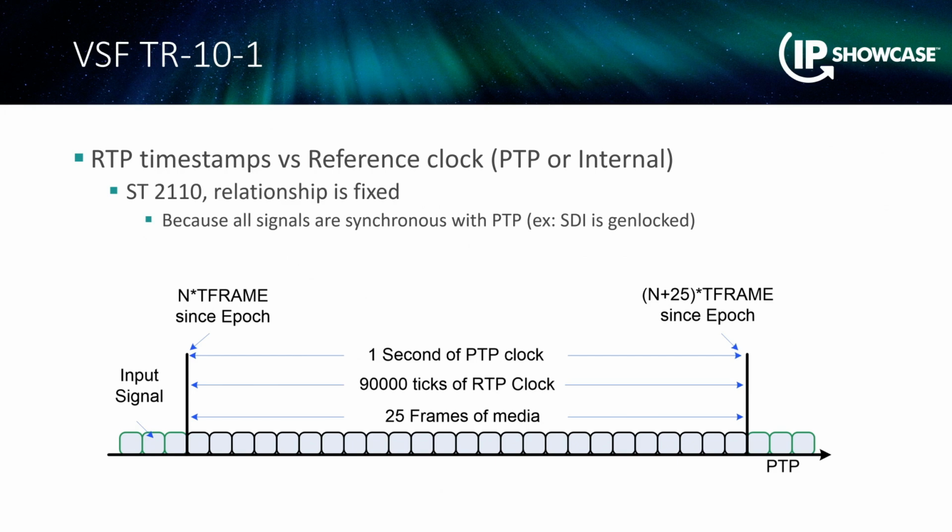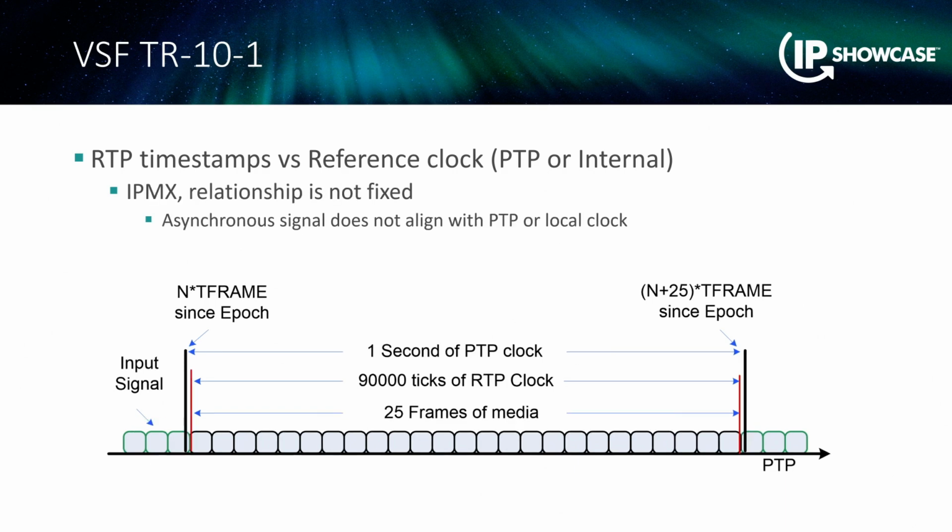The RTP timestamp was 0. And then it goes up by exactly 1/50th of a second, 1/60th of a second. The RTP timestamp matches the PTP. So there's a direct relationship. It's actually a mathematical relationship. If you tell me what time it is in PTP, I can tell you exactly where inside the frame you are. That's 2110 synchronous signals.